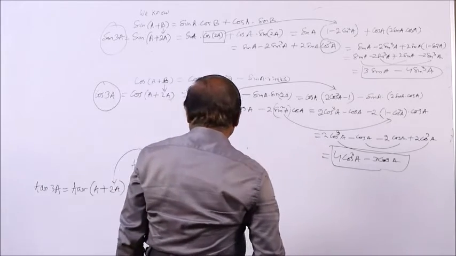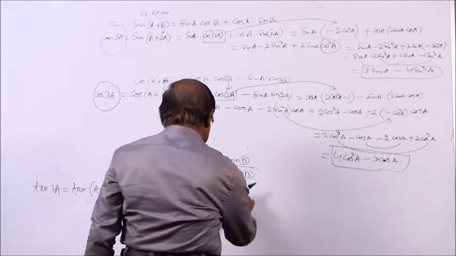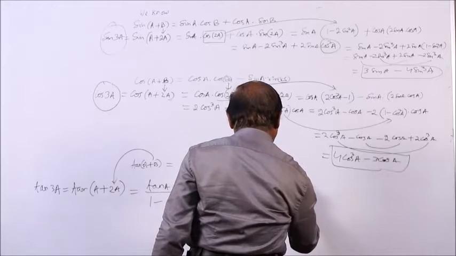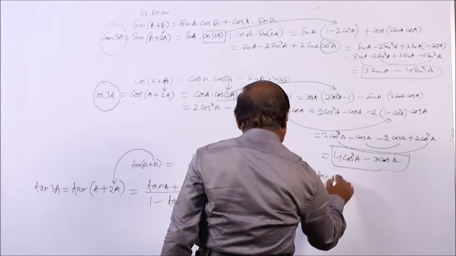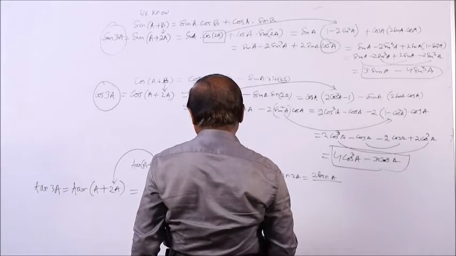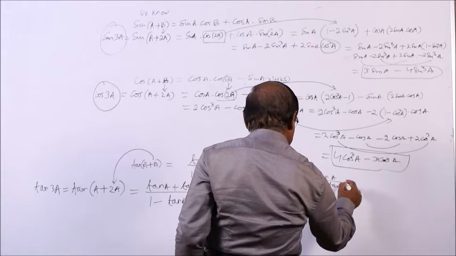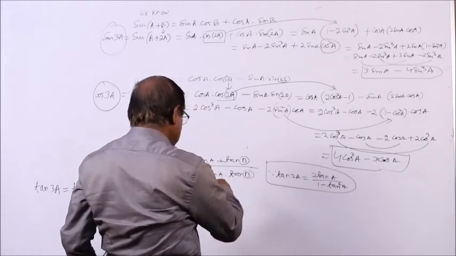But what is tan 2A? Just now we have derived tan 2A is 2 tan A by 1 minus tan square A, just we have used this just before.